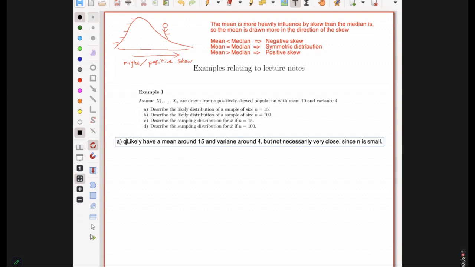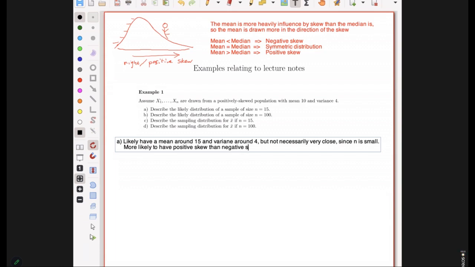Okay. So I would say here that we are more likely to have positive skew than negative skew.